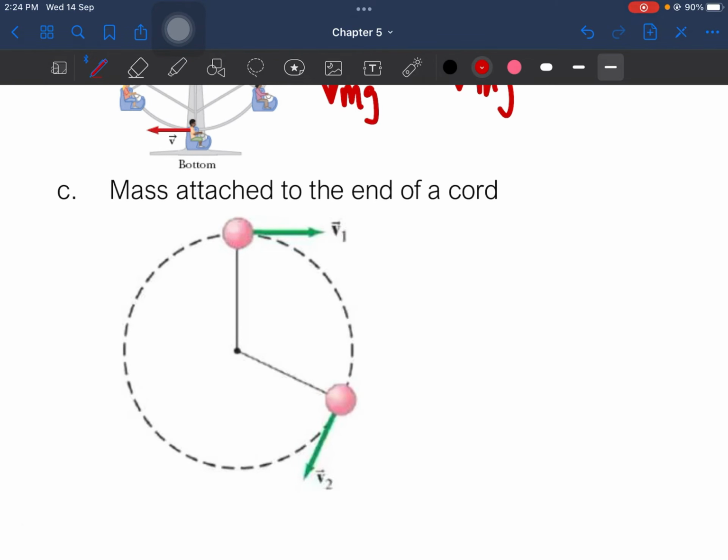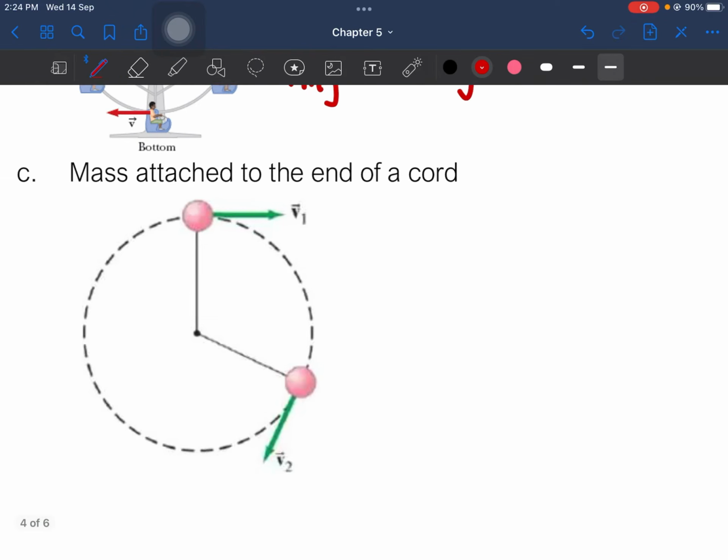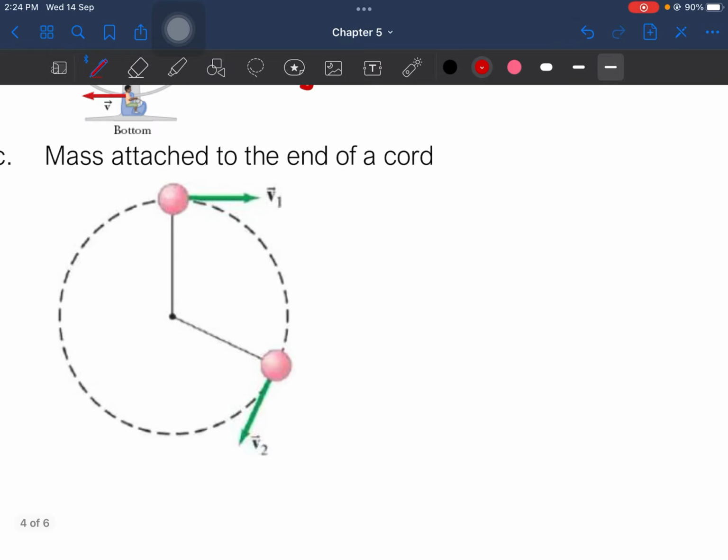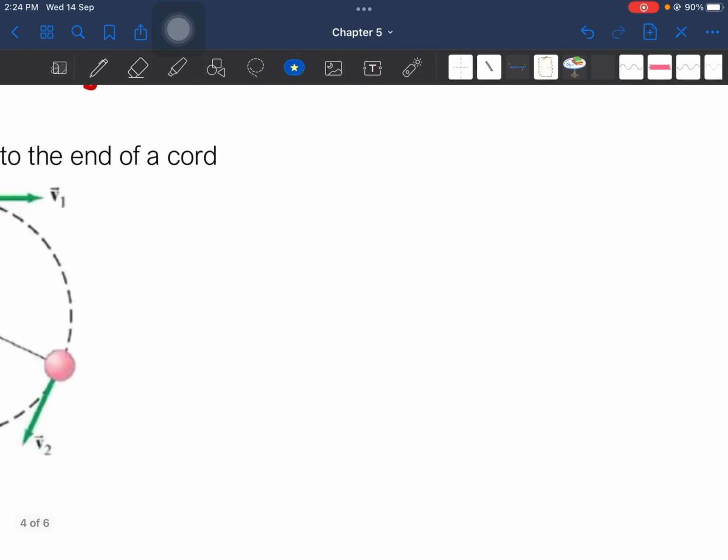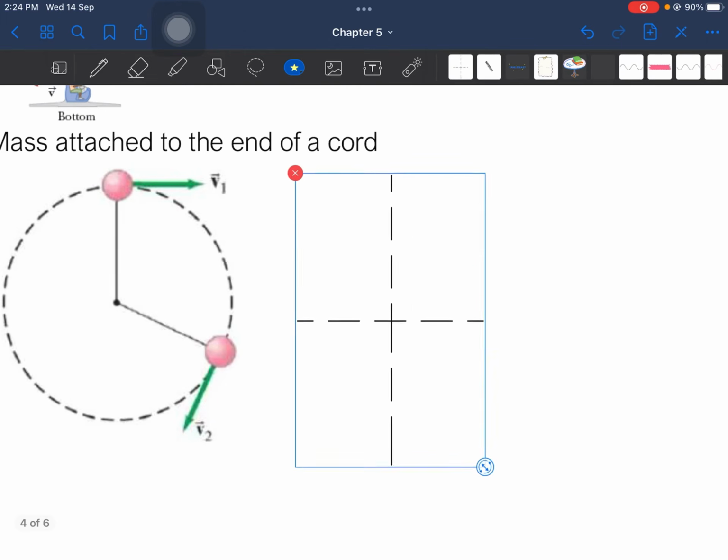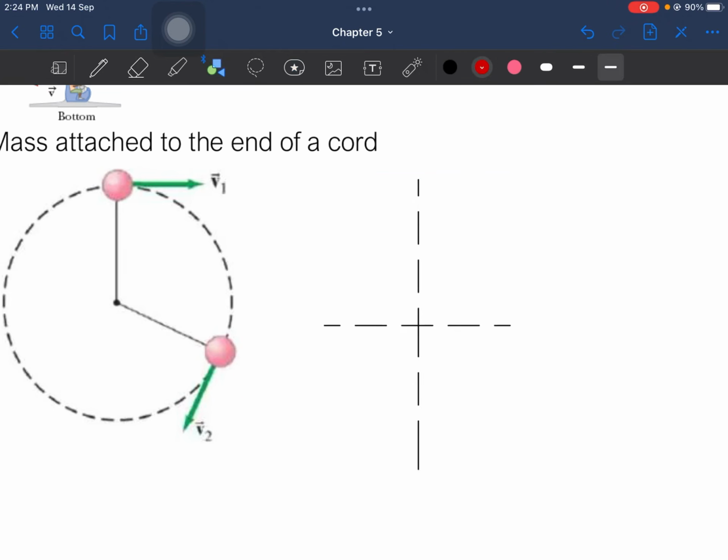Next, for mass attached to the end of a cord. Oh, ini sama juga nih. Okay, if you draw it, kita akan tengok from our eyes akan berada di sini. Okay, situ mata kita. So the ball is here.